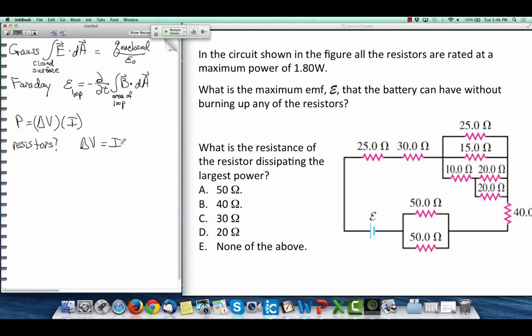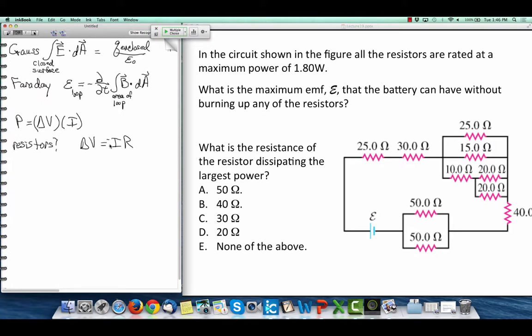The voltage drop across a resistor, of course, depends on, I'm going to put the minus sign in there just because I tend to write it that way, the voltage drops in the direction of the current. Because the voltage drops, the resistor is taking electrical energy out of the circuit.